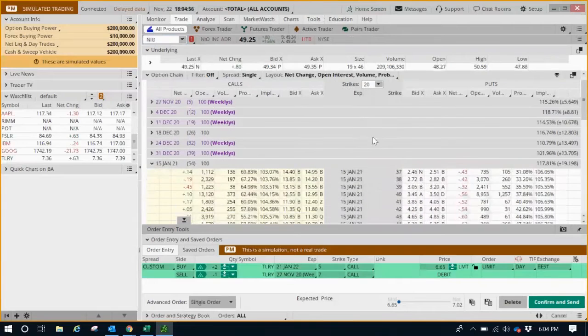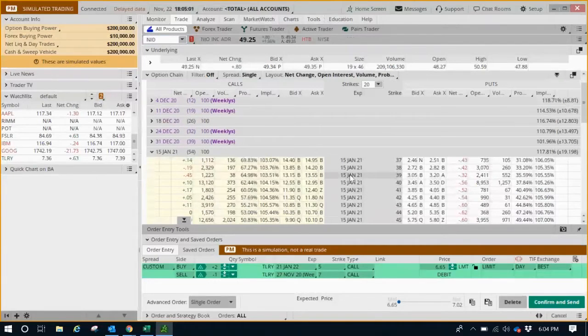Left side is call options, right side is put options for the 15 January 2021 expiry. There are other controls like implied volatility and probability of being in the money. You can actually customize it also. If you want to use different controls, you can just go and customize them as well.